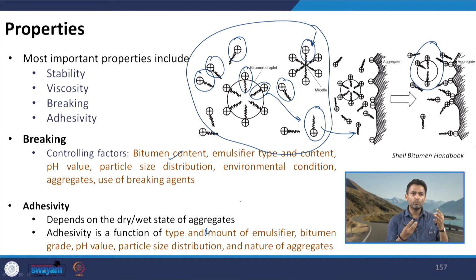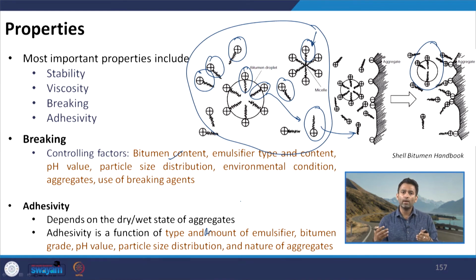So, when this bitumen comes in contact close to the aggregate surface, the surface tension of wetting should be high enough so that it exceeds the cohesive forces, or the cohesion, between the bitumen particles and allows the bitumen particles to coat the aggregate surface. So, this becomes a function of the surface charge characteristics or surface energy characteristics also.